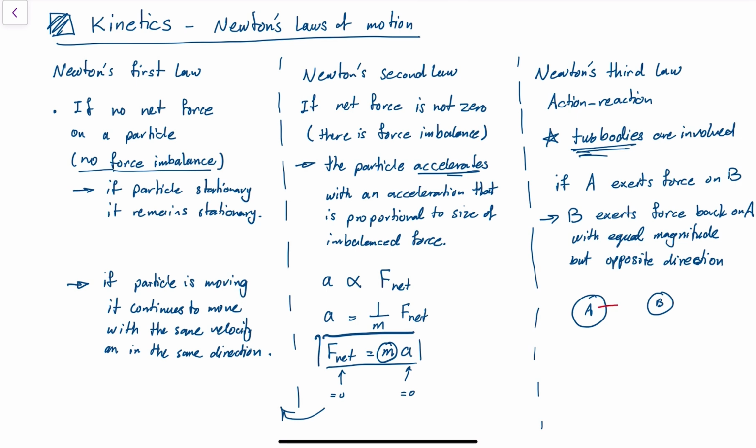If B applies force on A, then A applies the same force, same magnitude, but opposite direction. So if you want to write it as an equation, F of B on A, and these are all vectors, equals minus F of A on B. And that is the third law of motion.